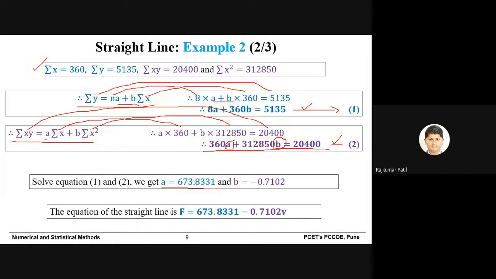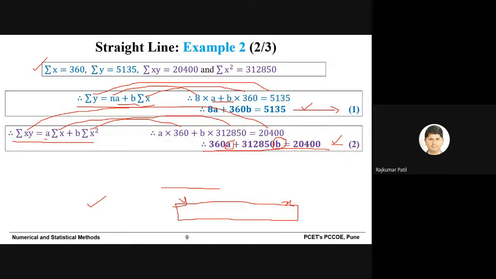Ultimately we will get the equation of the straight line as F = 673.8331 - 0.7102v. Previously we assumed that this is y and this is x. Now we can put the actual values, that is F and v. So this is the equation you get for the given data points.